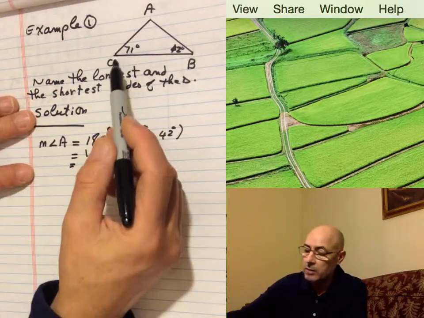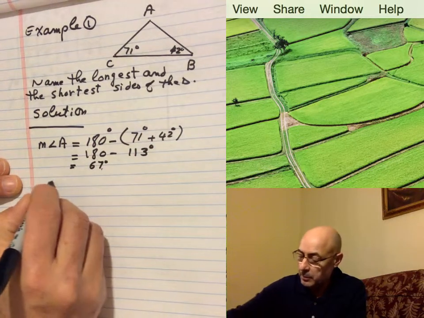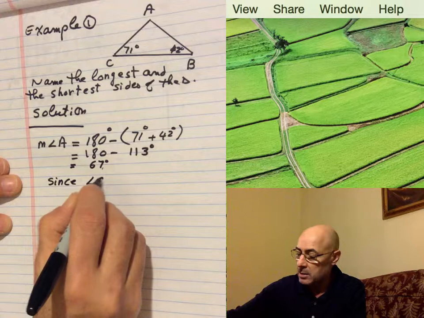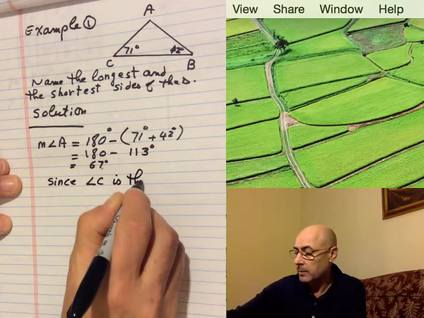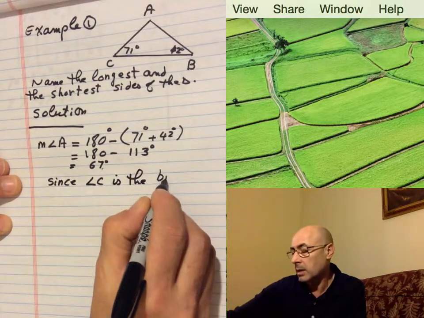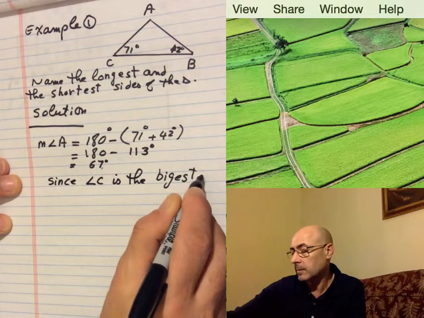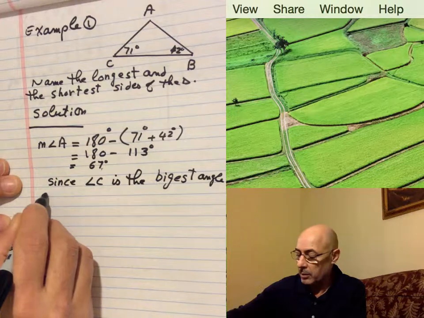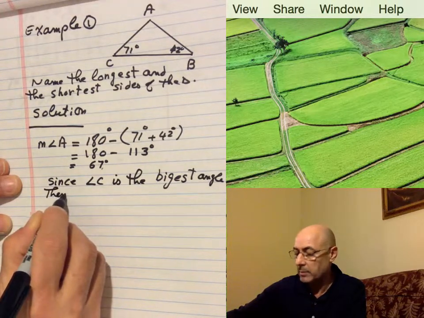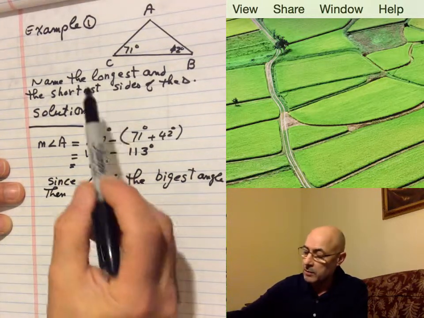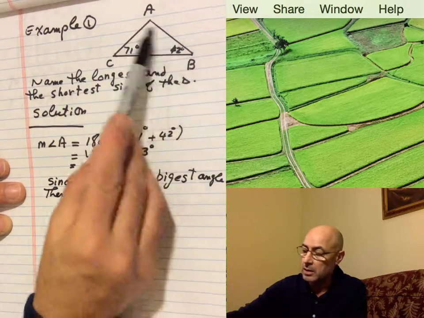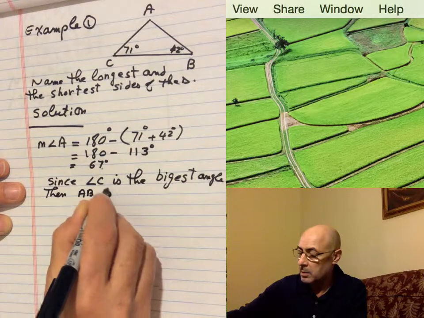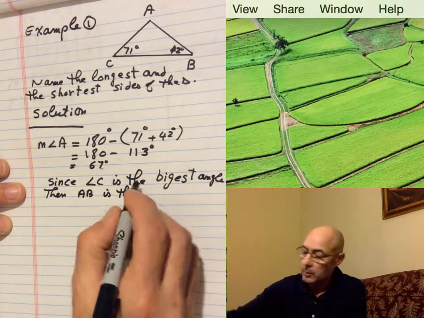So the side across from the 71, since angle C is the biggest angle, therefore, the side across from the biggest angle, which is side AB, that's going to be the longest. Then AB is the longest side.